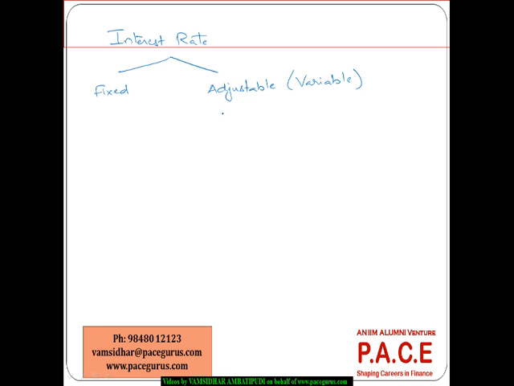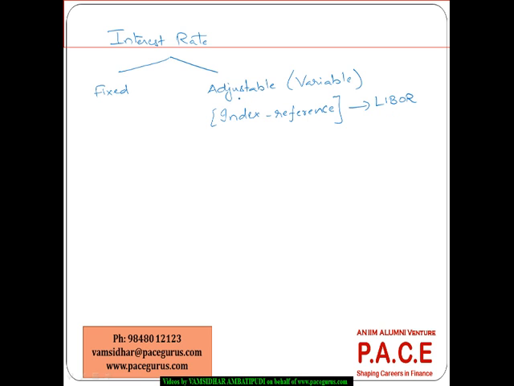rate can keep changing. And within that, if I'm specifying an index reference kind of mortgage, then this variable rate can change based on a reference rate, like LIBOR. As the LIBOR changes, even this rate can change.